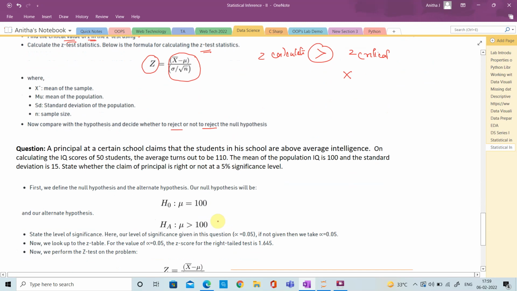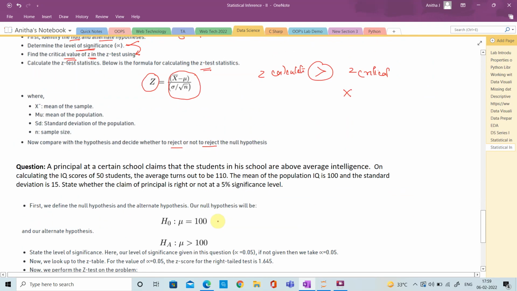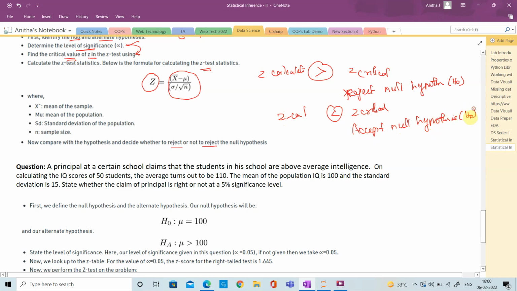So rejecting the null hypothesis means that you are accepting your alternative hypothesis. If your Z calculated value is less than the Z critical, then you can accept the null hypothesis and you reject the alternative hypothesis.